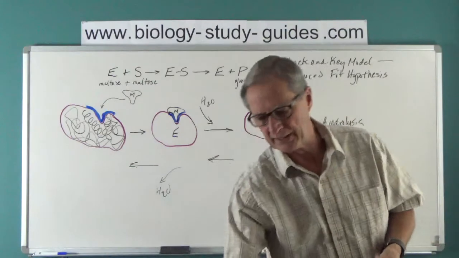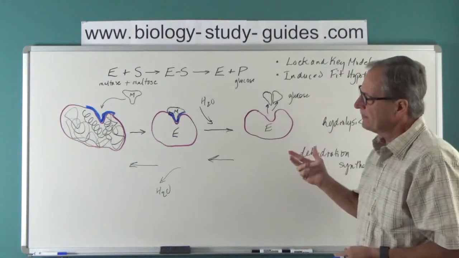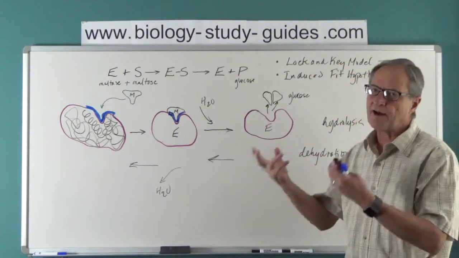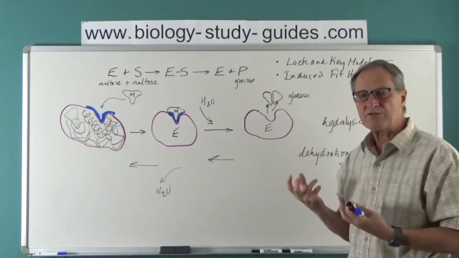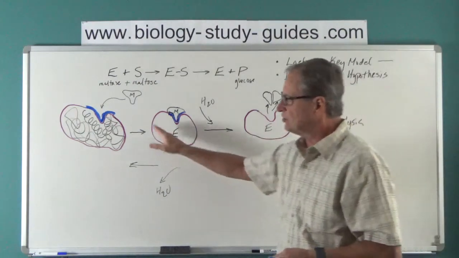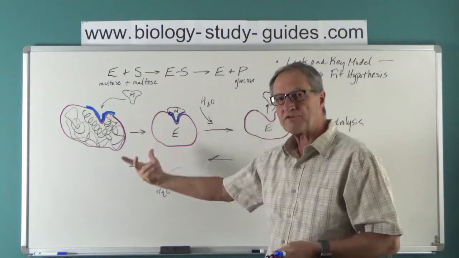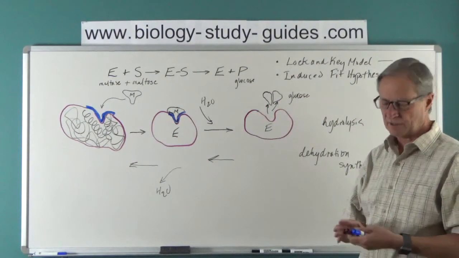It's so important to recognize that. The things that can affect the shape of these is really the topic in the next video. There's a number of conditions which can affect the shape of enzymes and therefore their function, but that's the topic of the next video rather than getting into that here.